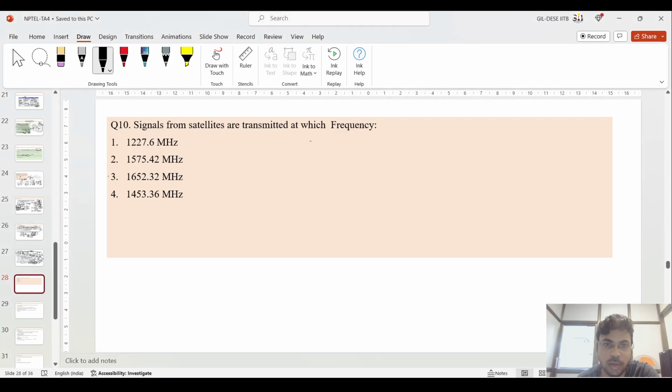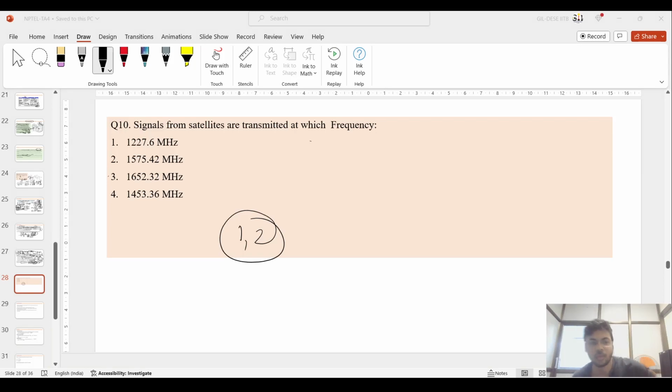This is the basic question related to this satellite transmission frequency. So you have to tell me, 1 and 2, sir, which frequency is being used for transmitting the signal from the satellite. Okay, I have got one answer, that 1 and 2.